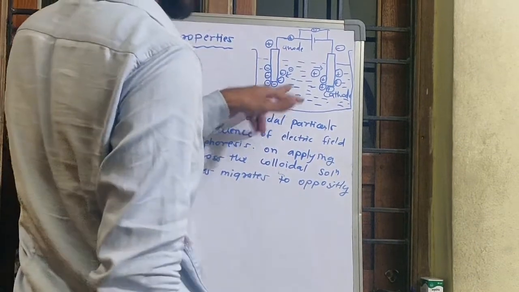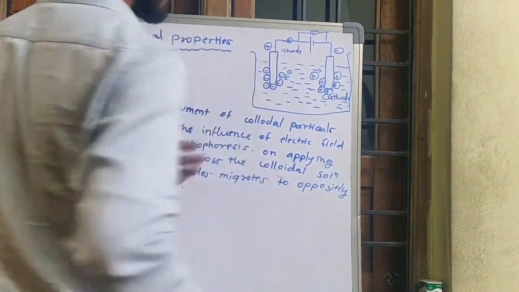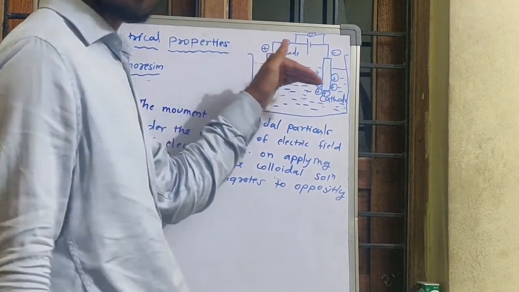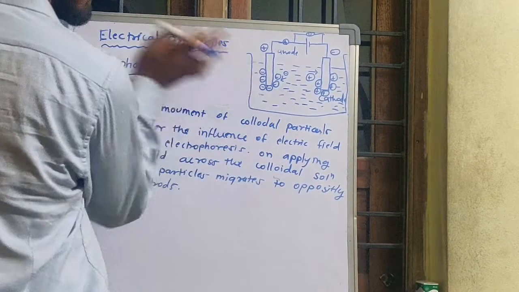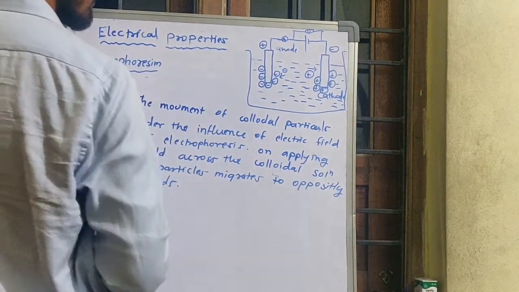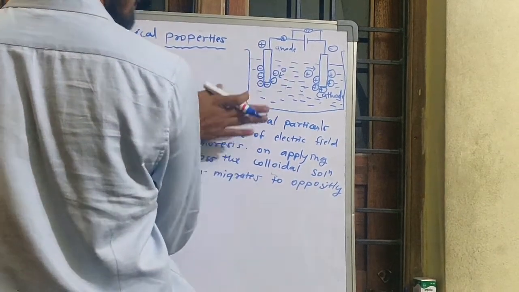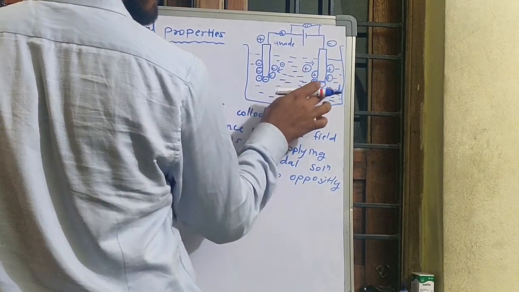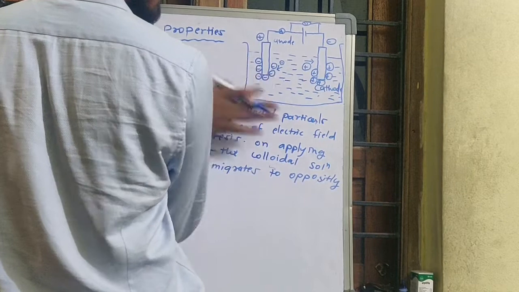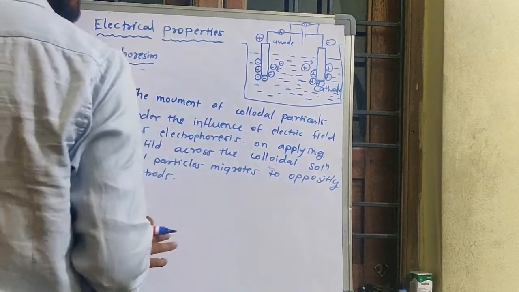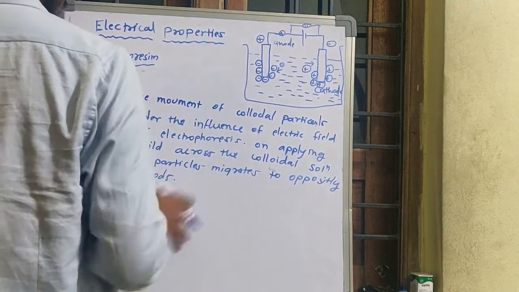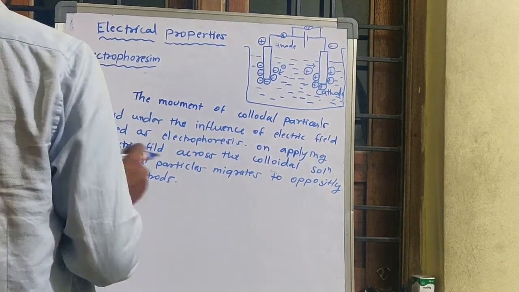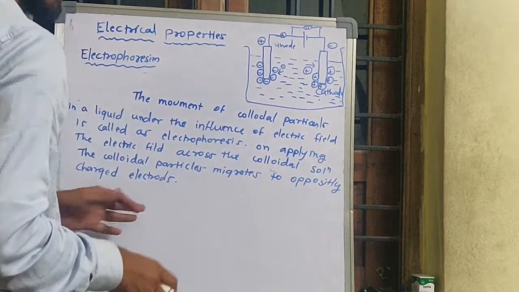Negatively charged colloidal particles are attracted towards the anode under the influence of current in the colloidal dispersion, and positively charged colloidal particles are attracted towards the cathode under the influence of electric current. So this is electrophoresis. This phenomenon is known as electrophoresis.